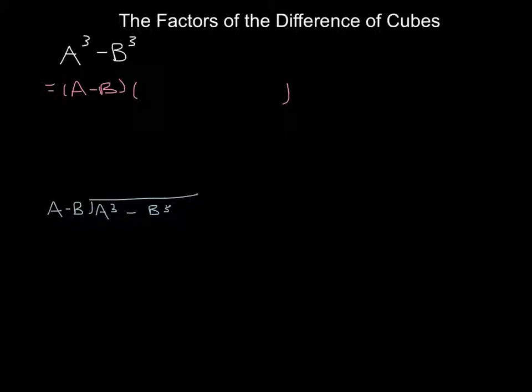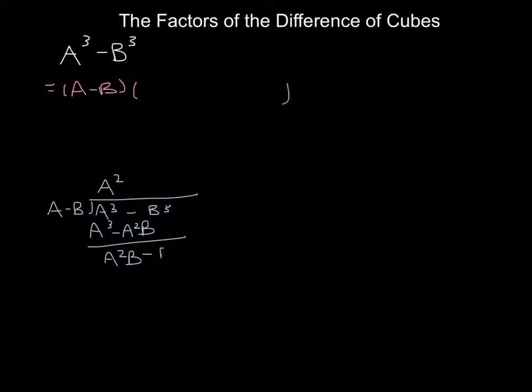So I think we need an a squared, and a squared times a is a cubed. A squared times negative b is negative a squared b. A cubed minus a cubed is 0, and then we get 0 minus negative a squared b, so we're left with a squared b.